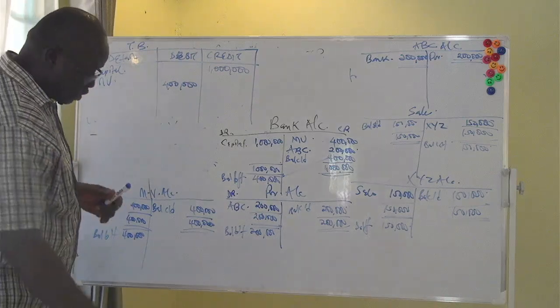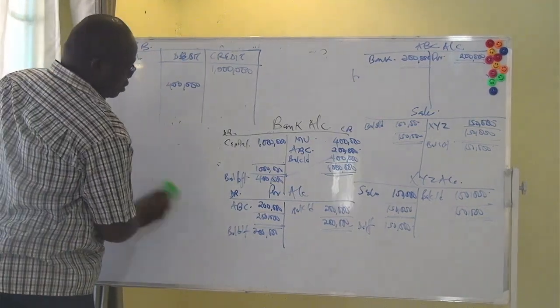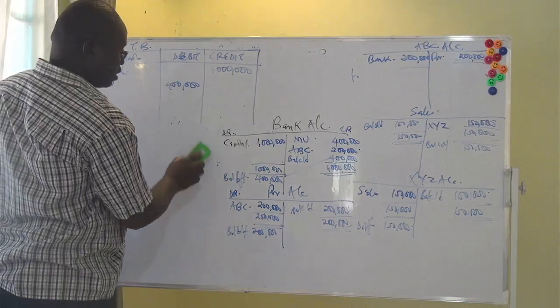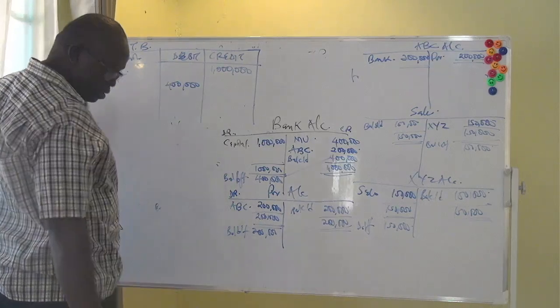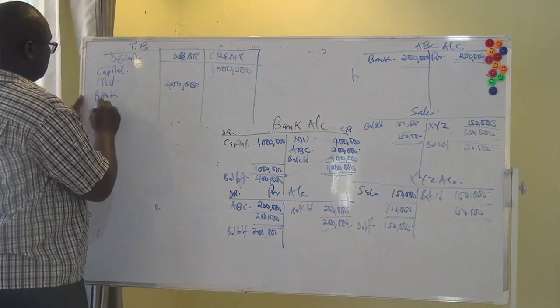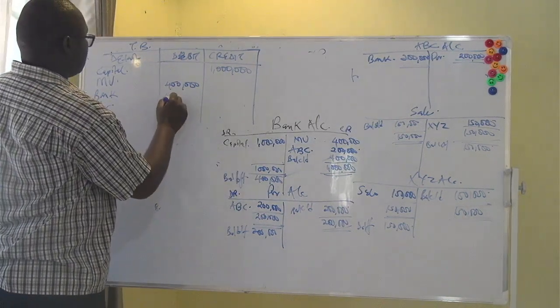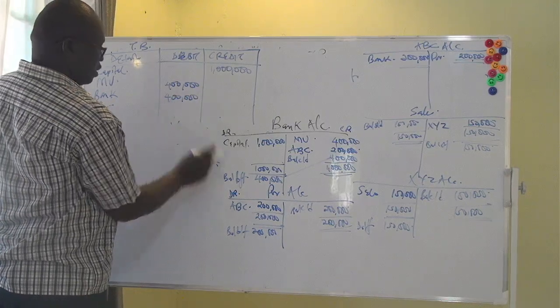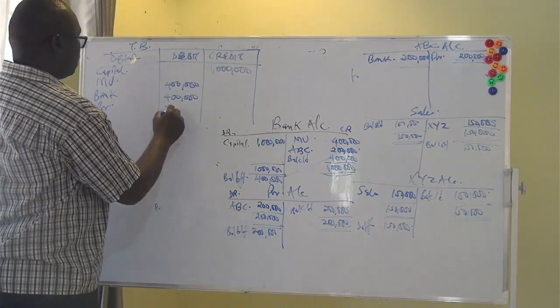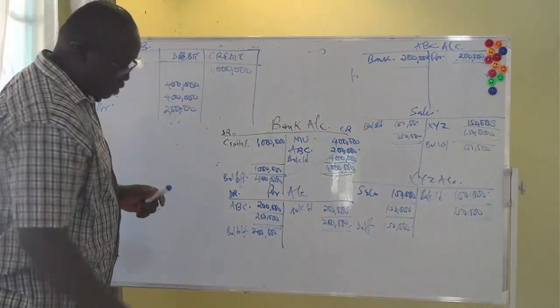Our next accounts are the bank and the purchases. Bank is 400,000. Purchases is 200,000. I can also delete them from here.